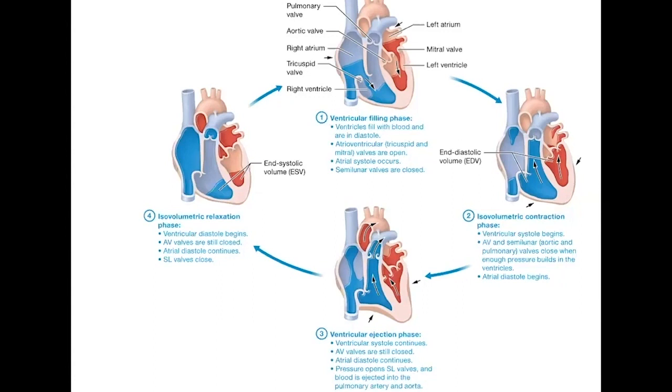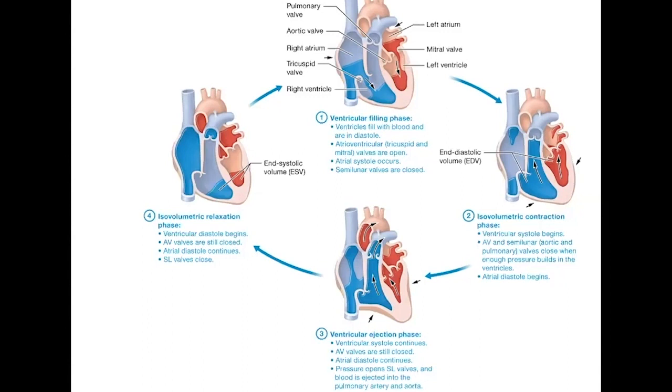So as soon as that happens, you are in phase 3, the ventricular ejection phase. At this point, the AV valves are still closed, the semilunar valves are opening, and blood is being ejected from the ventricles. Then we move on to the fourth phase, isovolumetric relaxation.